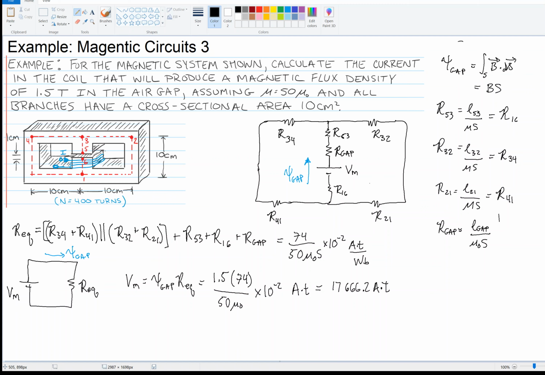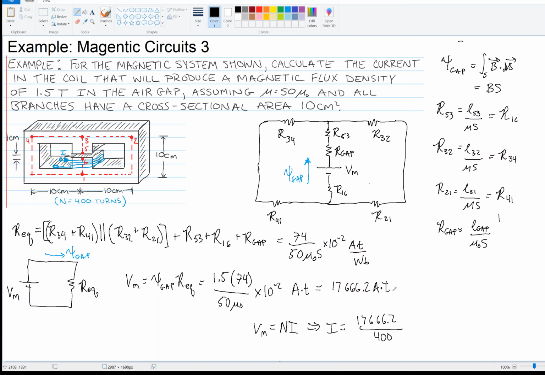So remember that the thing that's causing this potential is the number of turns. It's the linkage, right? The number of turns, and each turn has a current I, and so now I set that equal to my 17,666.2, and the current is 17,666.2 divided by 400.